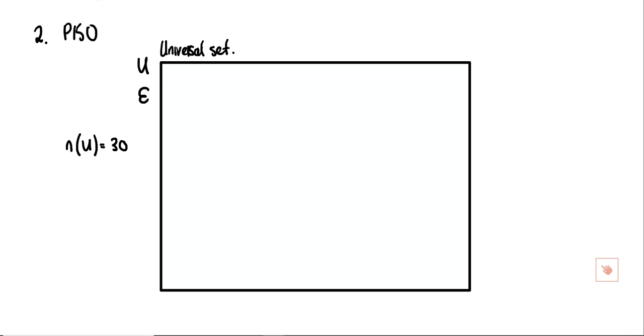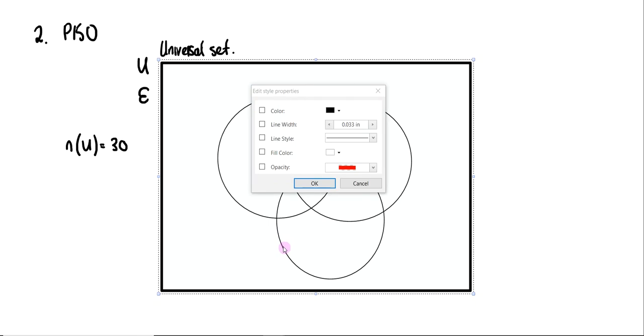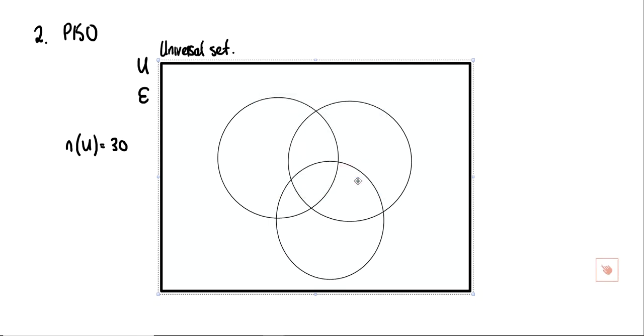And then I've got 3 sets, so I'm going to start by overlapping all of them. That might not end up being necessary, but in case it is, I'm going to do it like that.